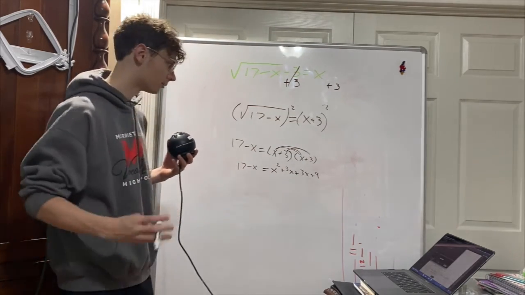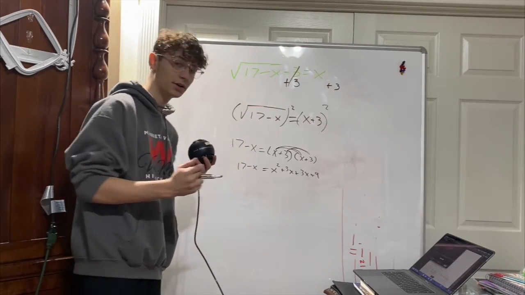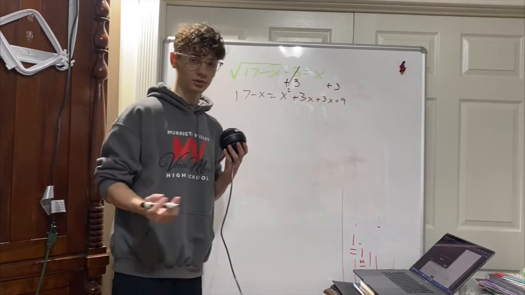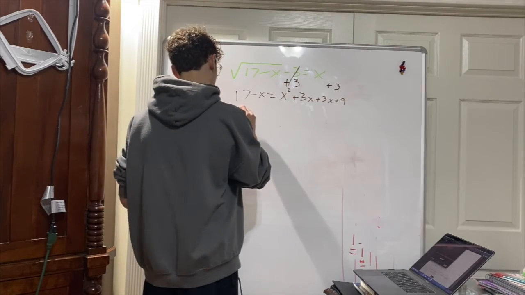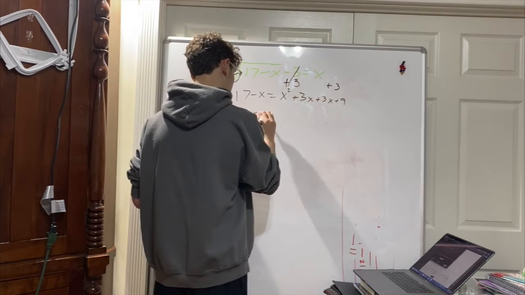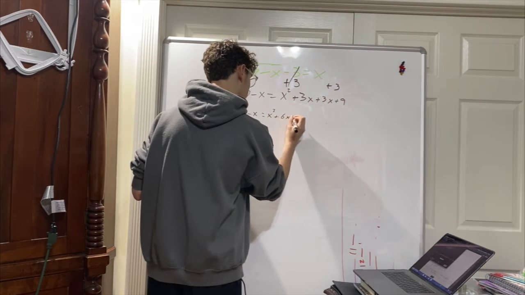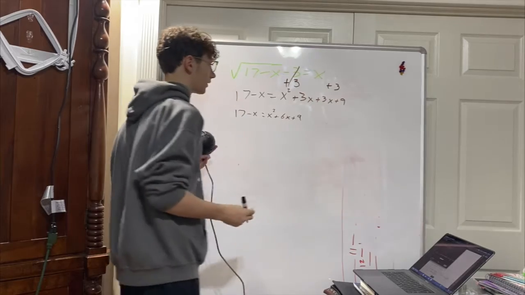You know what to do now. You combine like terms. I'm going to erase and move it up. That way it's easier for me to write. Now we're just going to combine like terms. 17 minus x equals x squared plus 6x plus 9.